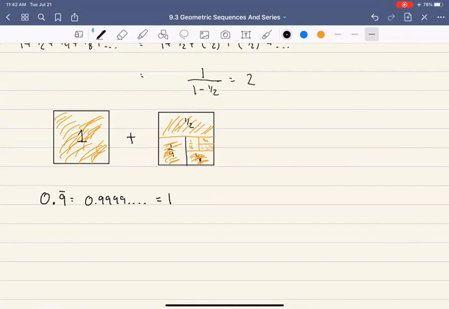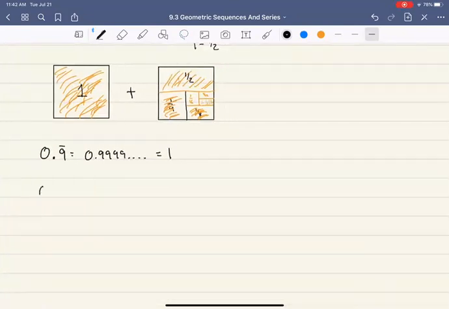So the way that we do that is, 0.9 repeating is actually equal to, this first term represents 9/10, plus this next term represents 9/100, plus this term represents 9/1000. And you go on and so on and so forth.